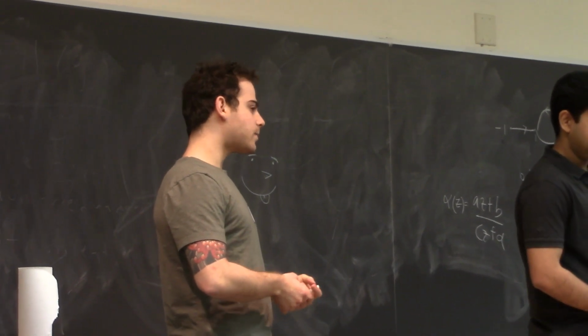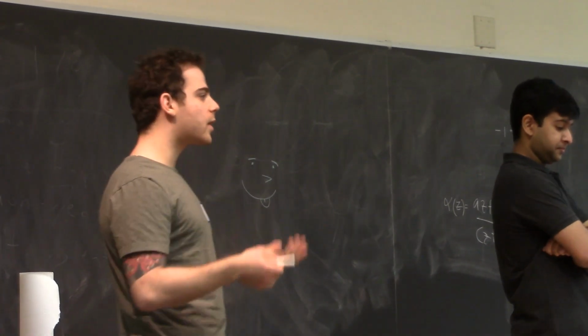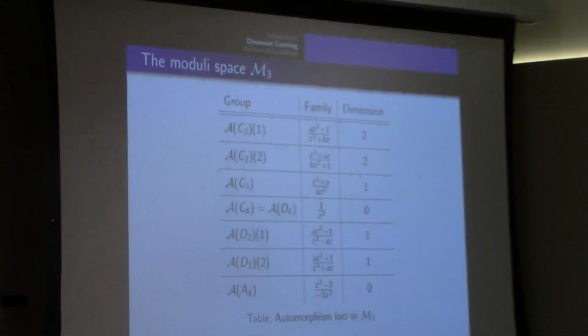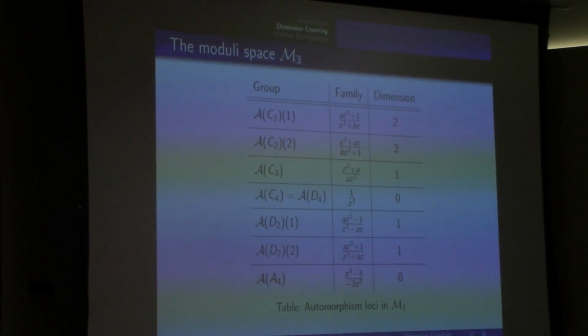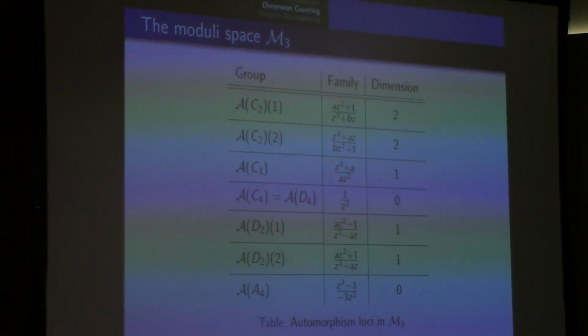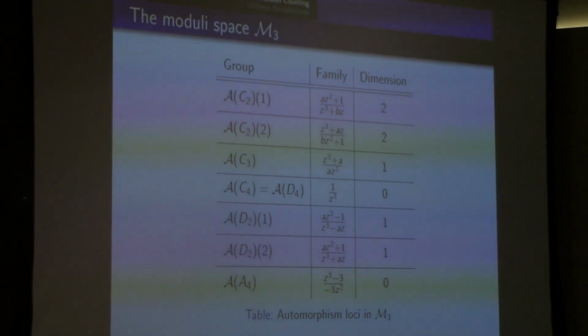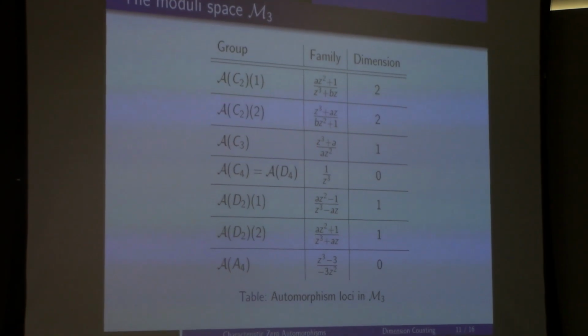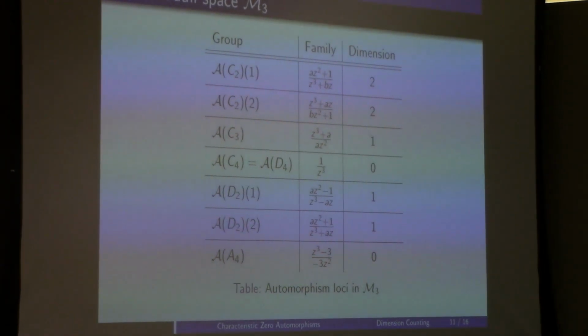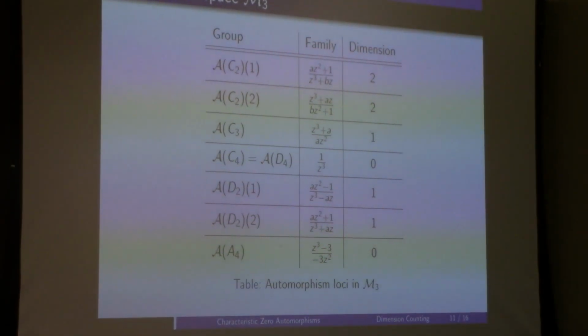And so what we ended up showing was, for each of these families, so this table is sort of appearing out of nowhere, but I will explain it. For each automorphism group, we found the dimension of the subvariety of M_D that it cuts out. And this is just in dimension 3.